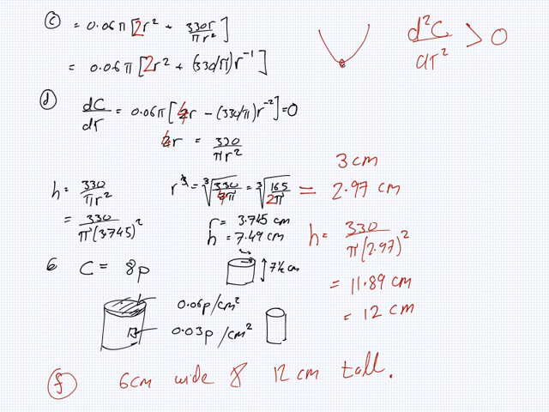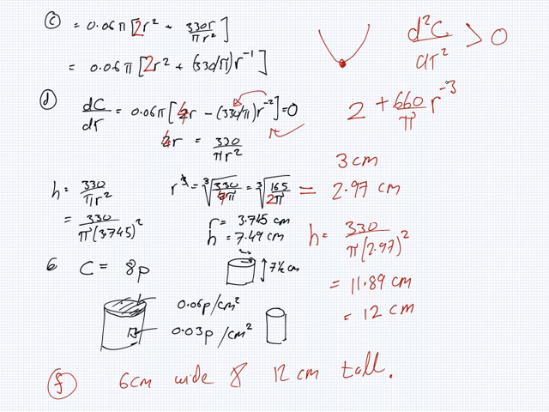And that means it is definitely a minimum. Let's check the second derivative here. It would be 2 plus 660 over pi r cubed. That becomes a 2 because it was 2r. And that comes down... Yeah, it is this.